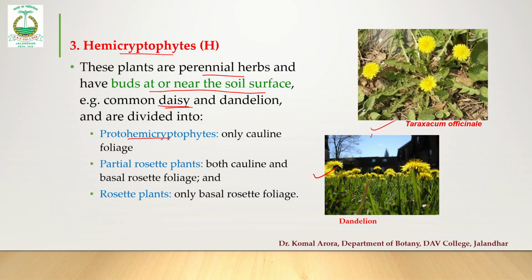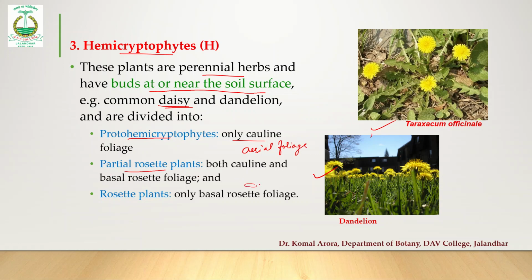proto-hemicryptophytes. What are proto-hemicryptophytes? Which have only caulline foliage. Caulline means upright foliage, aerial foliage. Then partial rosette plants. Partial rosette means they will have aerial foliage as well as the rosette foliage.